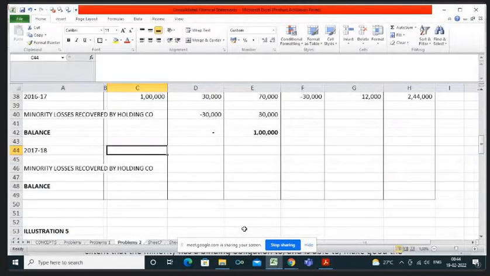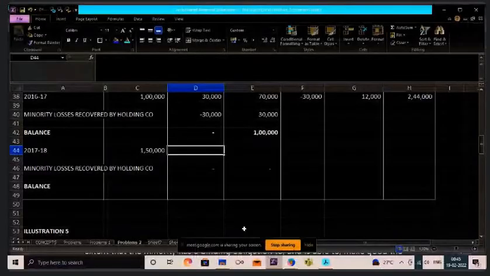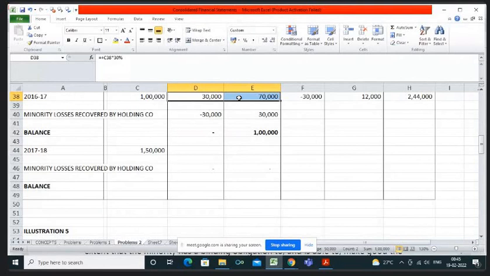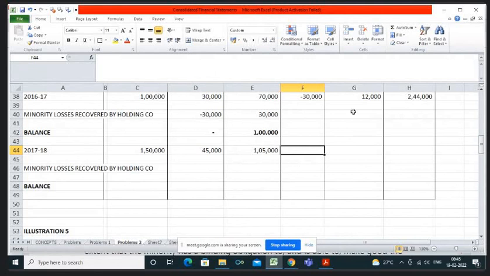So we'll take 1,50,000 and distribute it to the holding company and the subsidiary company. Now, how much is the unabsorbed minority profit and loss?